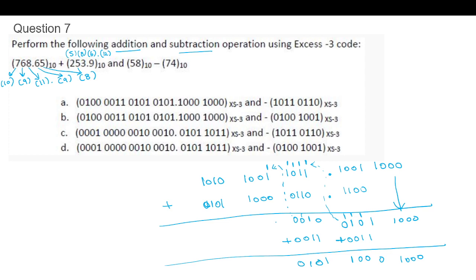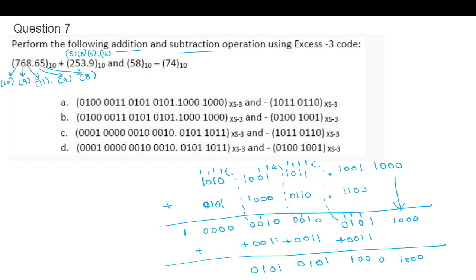Next 1 plus 1, 1, 0, 1, 0, 0. Again there is a carry. Here again we have to add with 3. 1, 0, 1, 0. It is 0, 0, 0, 0 and 1.